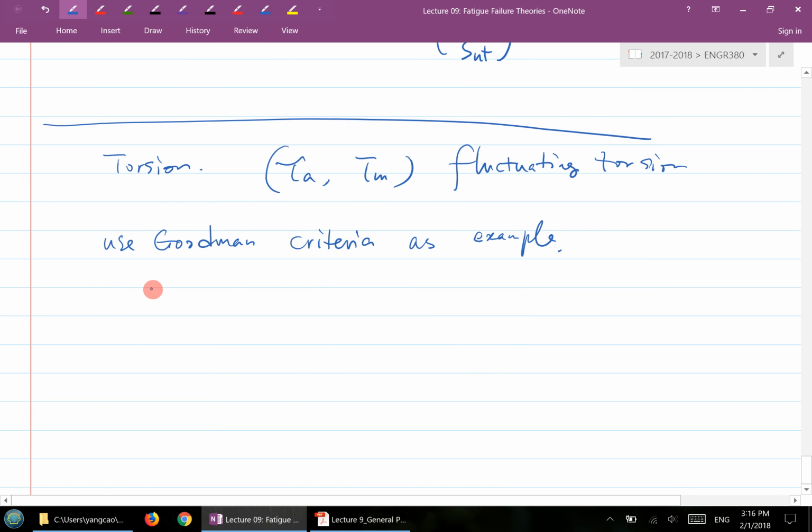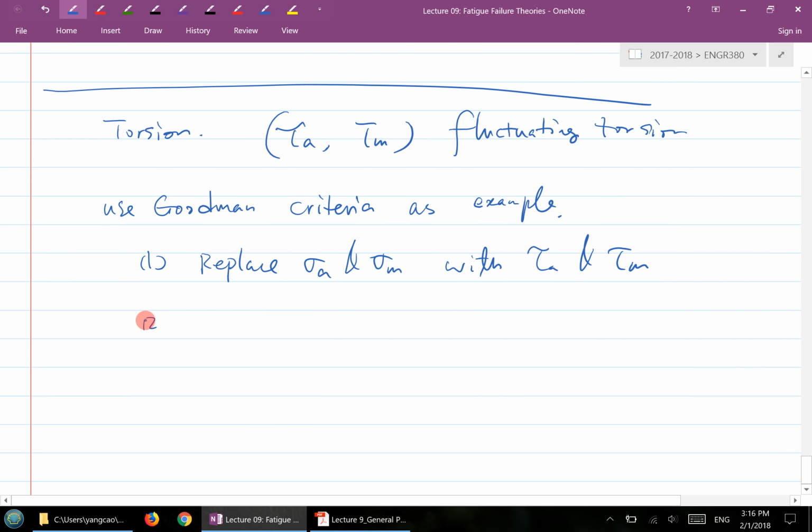So what do you do here? It's very simple. Replace sigma A and sigma M with tau A and tau M. Wherever the sigma A, sigma M appear in the Goodman line criteria, just replace that with tau A, tau M. And second, use the Kc equal to 0.59 for calculating SE.